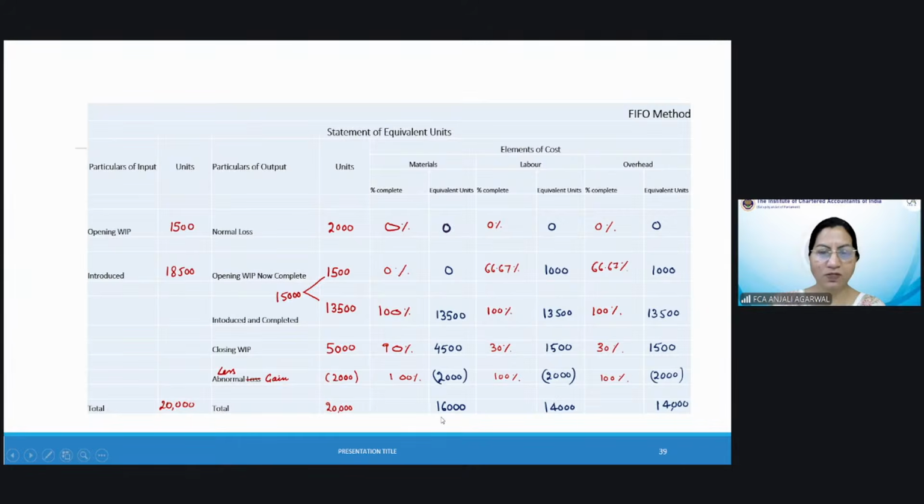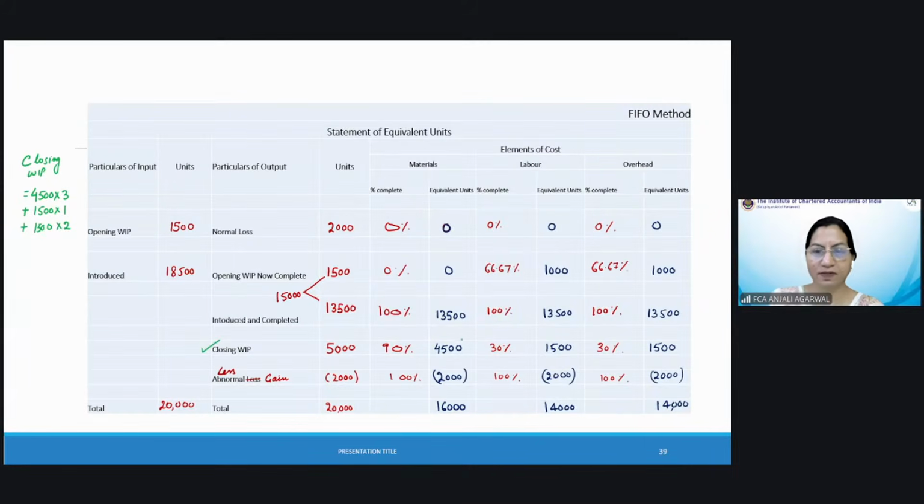What do you think would be the cost of closing WIP, for example, here? So closing WIP, if I want to calculate the cost of closing WIP, what will be the cost? 4,500 units of material into 3 plus 1,500 equivalent units of labor, which is costing 1 rupee per unit, plus 1,500 equivalent units of overheads, which is costing 2 rupee per unit, right?